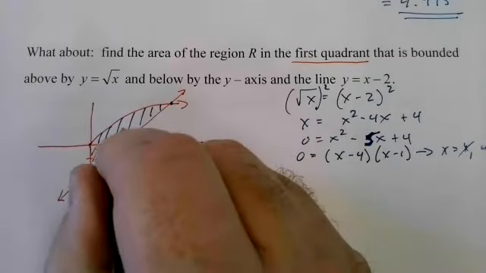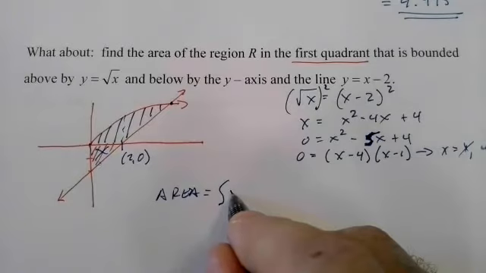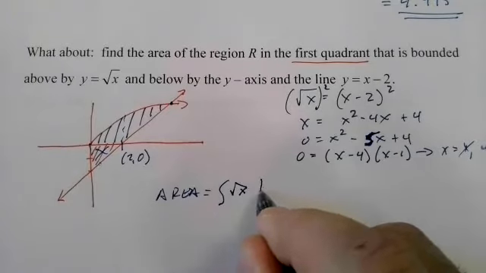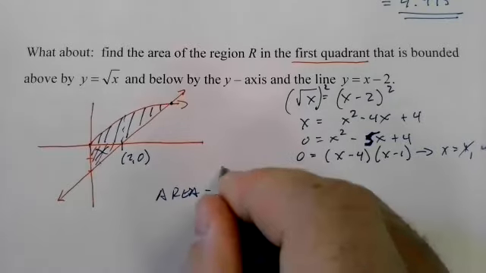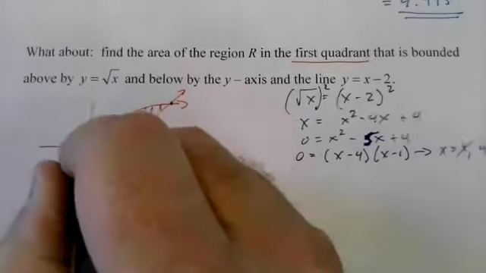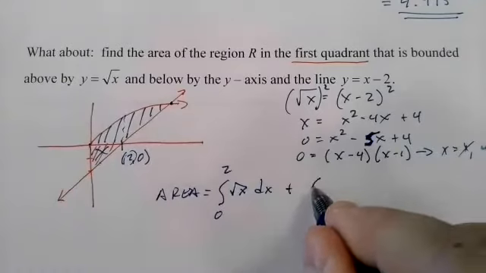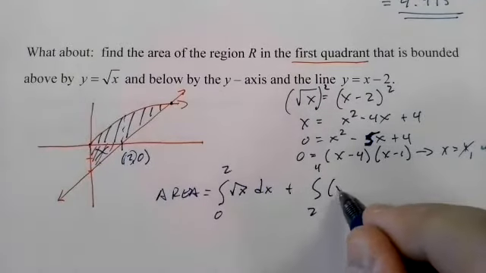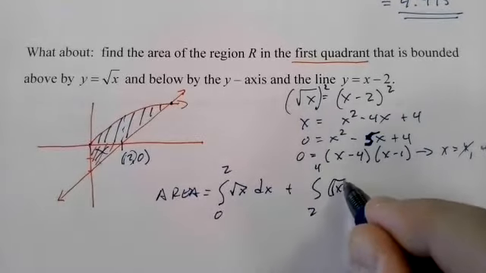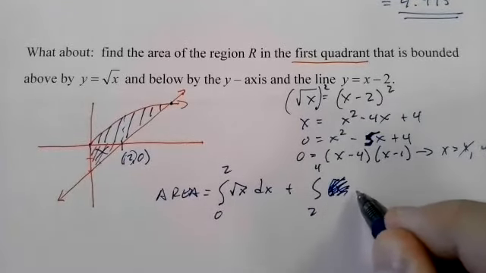We just got the integral of square root of x dx from 0 to 2, because there's my 2, there's my 0, plus the integral from 2 to 4 of the top one, x square root of x... what a mess.